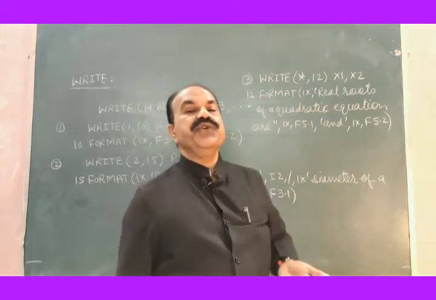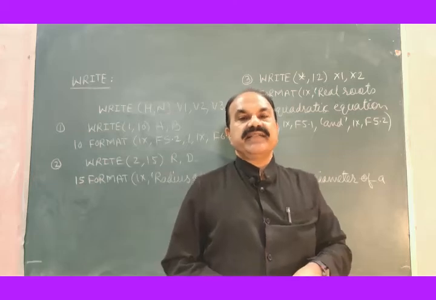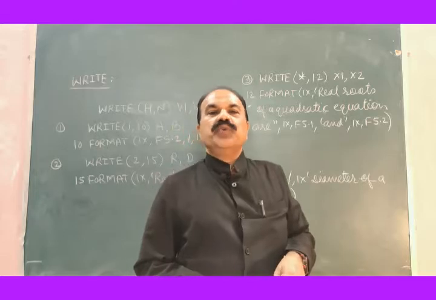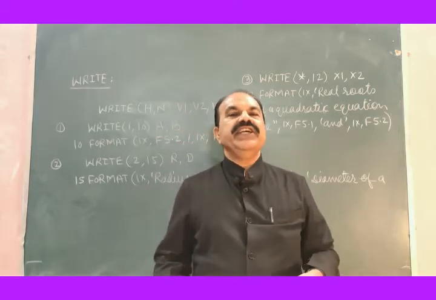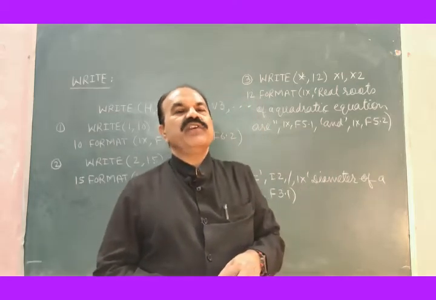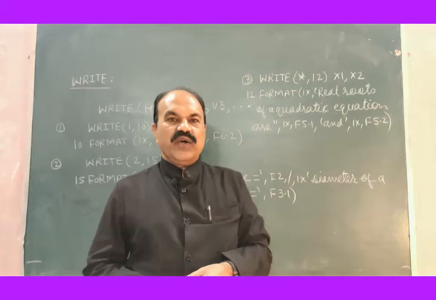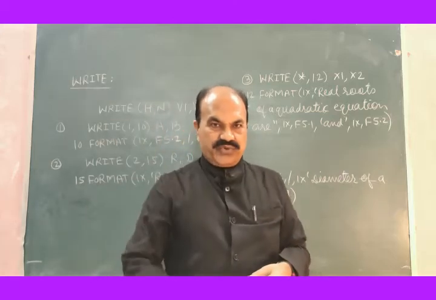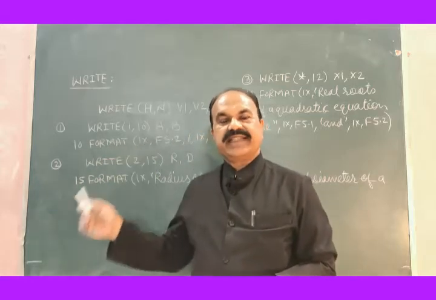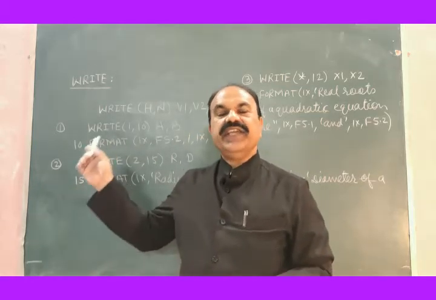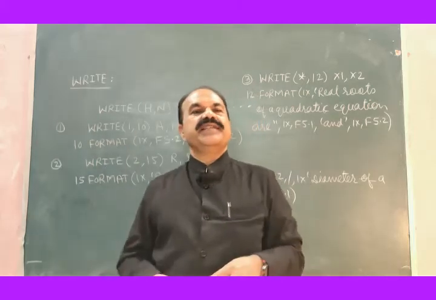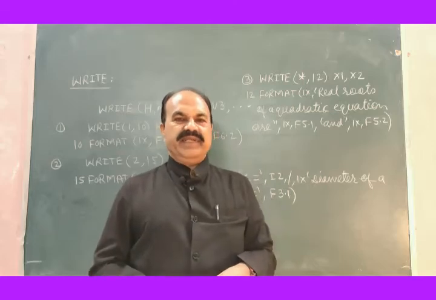This way we can use the write statement for outputting the data in the desired format. Whatever format we desire for the output data can be obtained using the write statement and the format statement associated with that particular write statement.